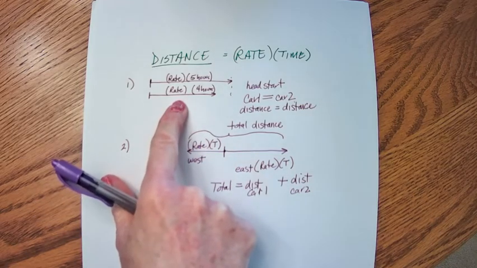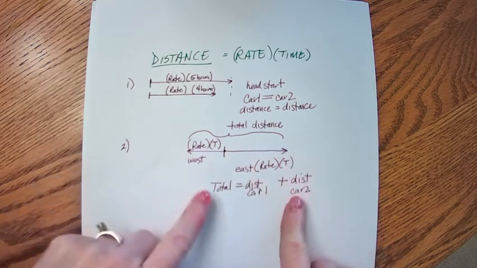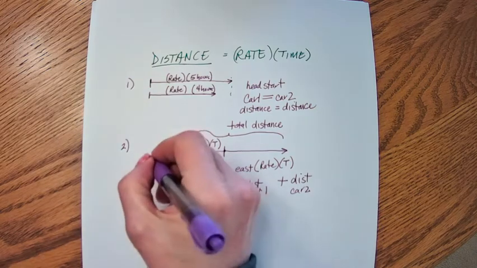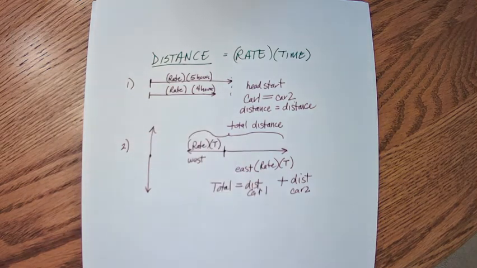Here it's when the distances are equal to each other. Here it's when, since they're going in totally opposite directions, we have a total distance. We're going to add that distance and that distance. This could also count if one is going north and one is going south, as long as they're going in exact opposite directions.